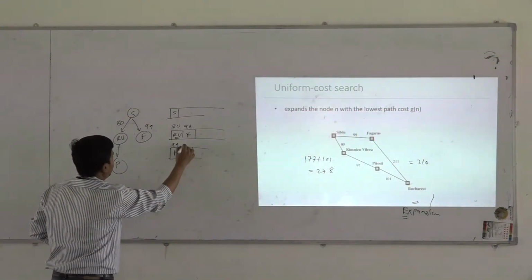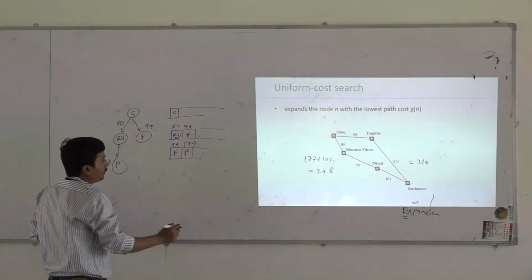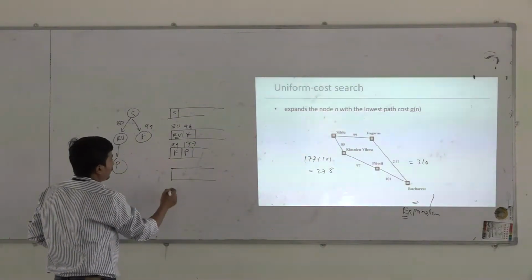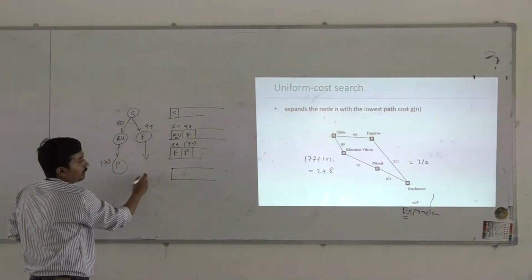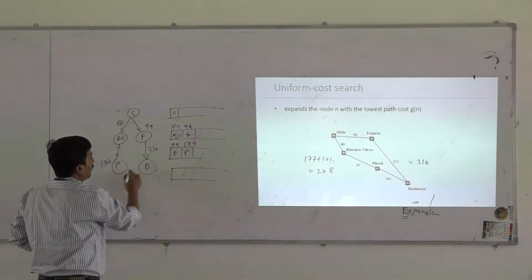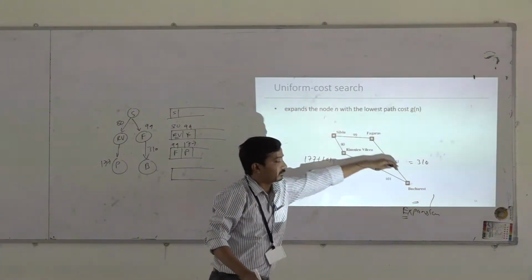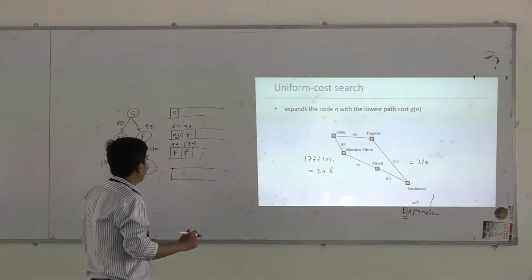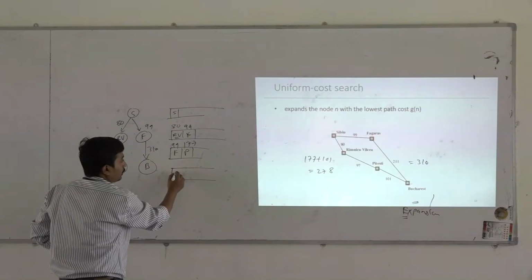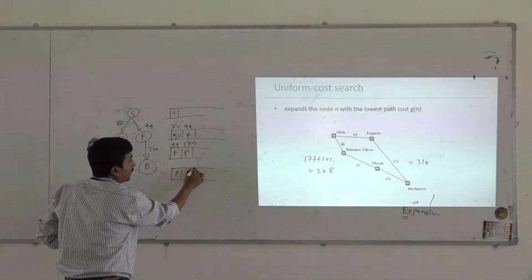So P will be added after F. Now F is expanded and we will get B, which is our destination. But now we are getting this path, which is not our aim. So P and B.